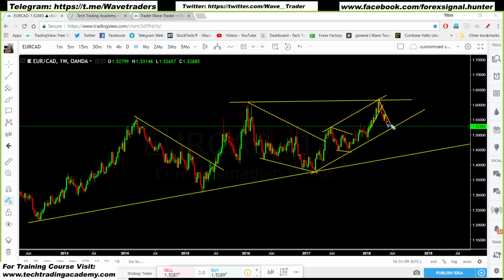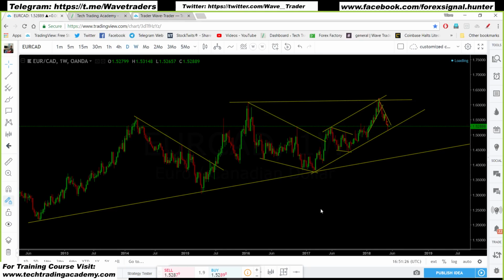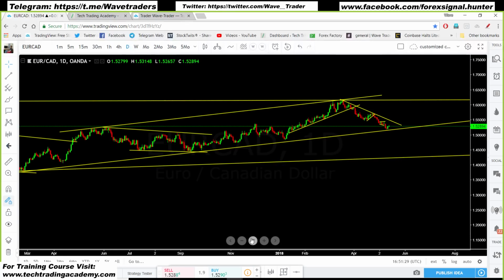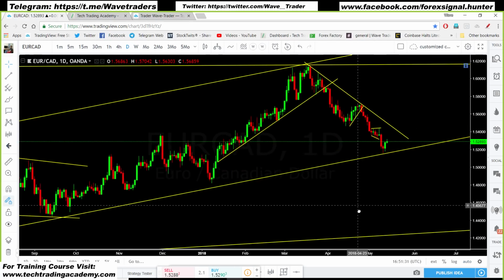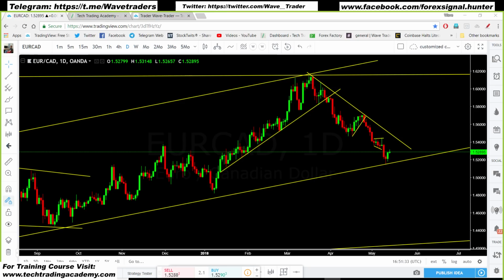Here you need to see a slightly bigger correction before price keeps pushing for the downside. A bigger correction like that, like the previous one.